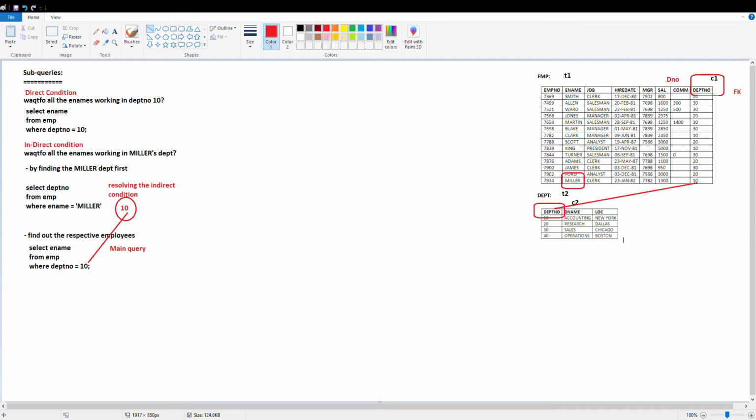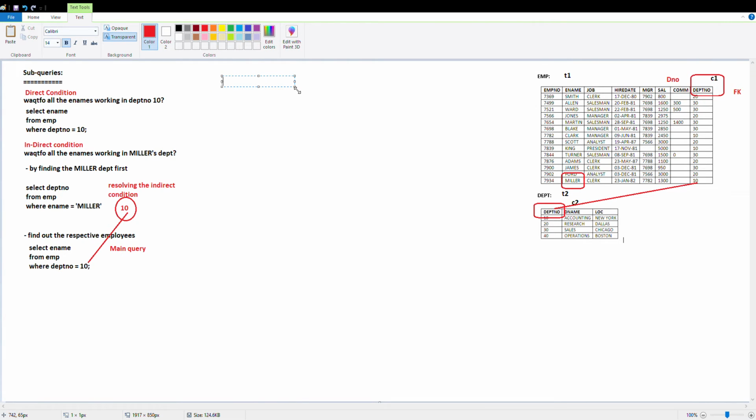Got it? So instead of executing two queries every time, they came up with the concept of subqueries. What do you mean by subqueries? A very simple example. We are combining both the queries. How will I combine both the queries? I'll take the main query where department number is equal to 10.